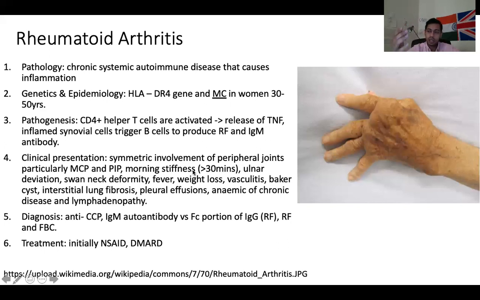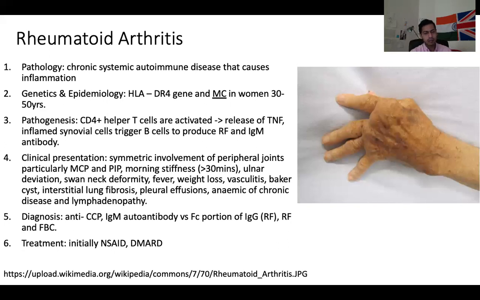There can be some ulnar deviation. I don't think you can see it very clearly in this patient, but there will be some ulnar deviation such as this. There may be a swan neck deformity as well, whilst it being ulnar deviated. And as it's a rheumatic disease and an autoimmune disease, there will be fever, weight loss, vasculitis, and in the knees we can often see a Baker's cyst.